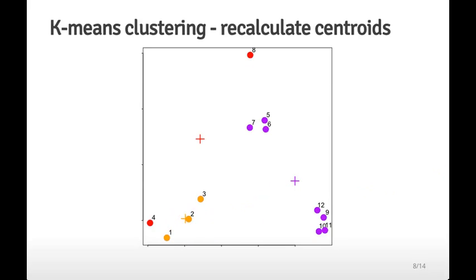Once I've done that, I can recalculate the distance to each of the centroids for each of the points and reassign points to the appropriate centroids. So in this case now, all of these orange points correspond to this centroid, these 2 red points correspond to the red centroid, and these purple points correspond to the purple centroid.